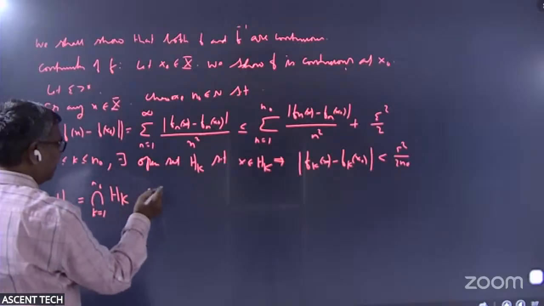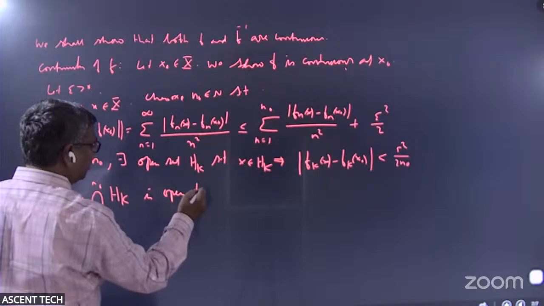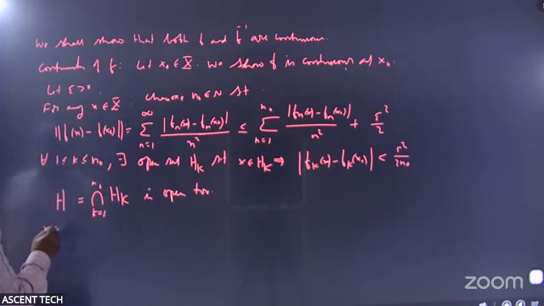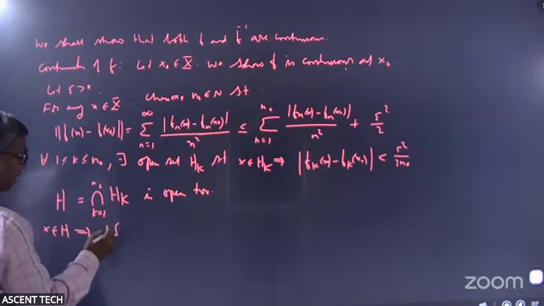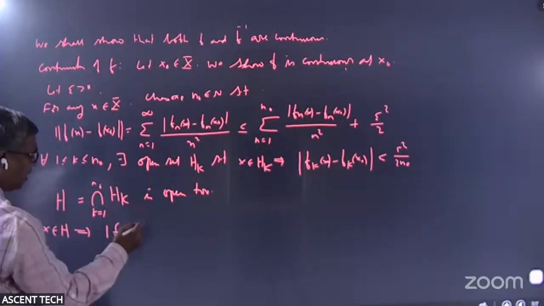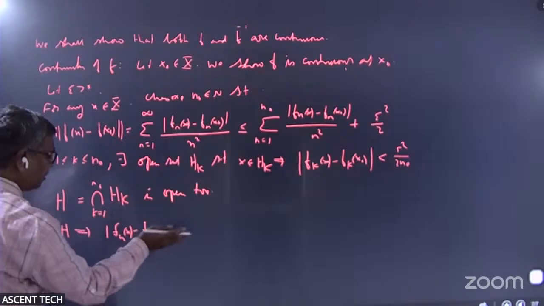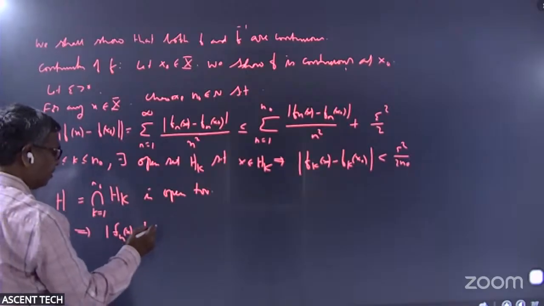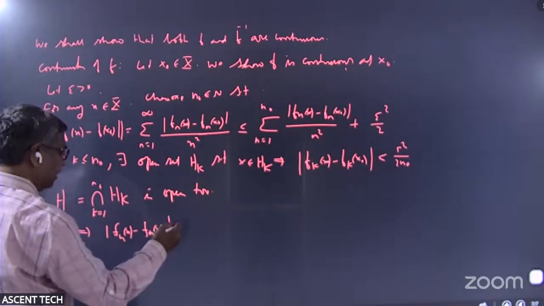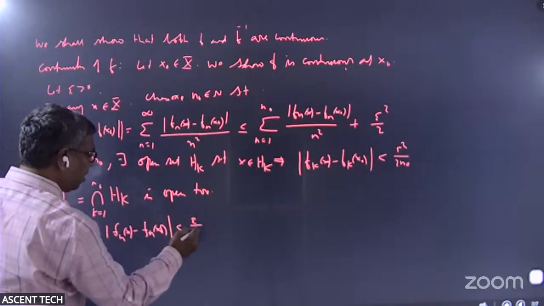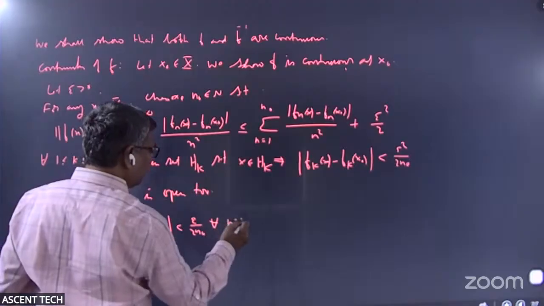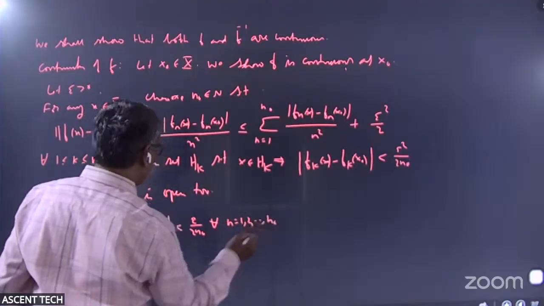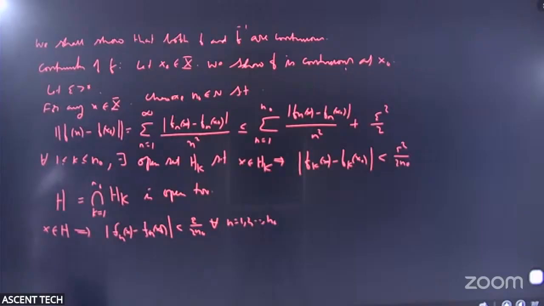And what's happened is if x is in H, then this difference mod fn x minus fn x naught is less than epsilon by 2n naught, for all n equal to 1, 2, etc. up to n naught, because this H is contained in every one of them.